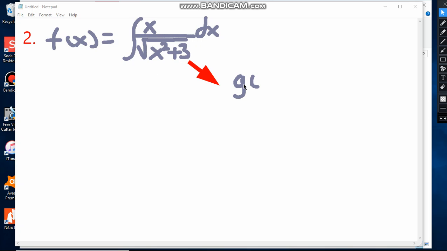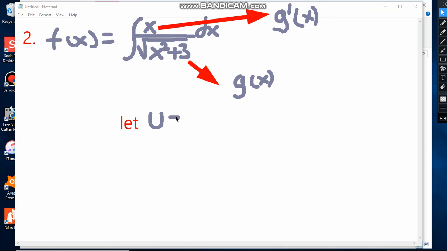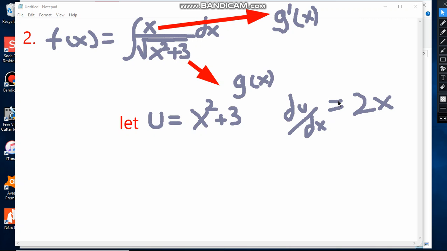So we let u be equal to g of x, which is x squared plus 3. When we differentiate u with respect to x, we get du dx equal to 2x. So u is equal to x squared plus 3, and we place u at this position.